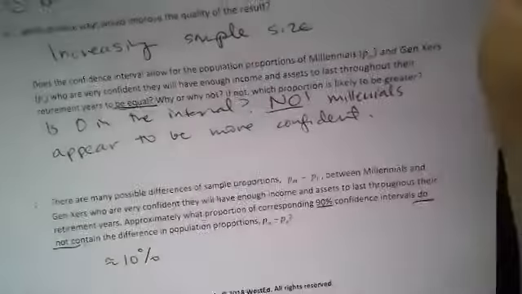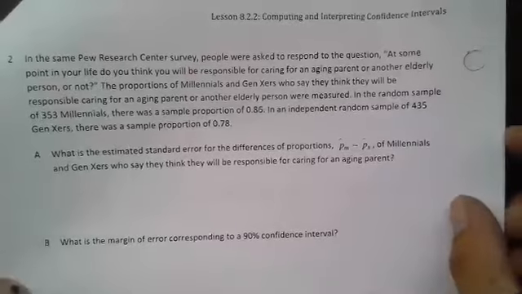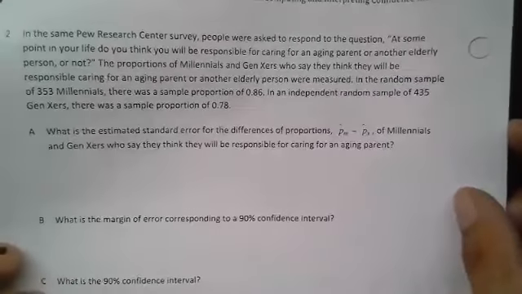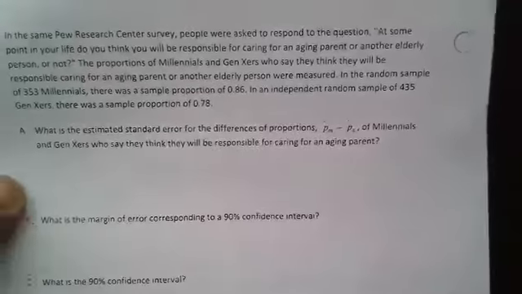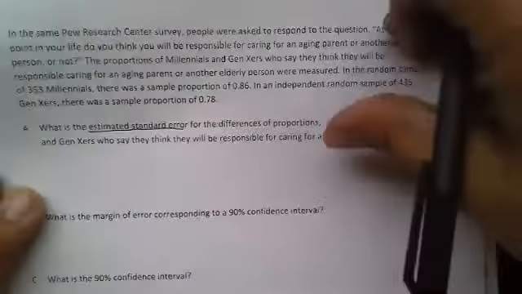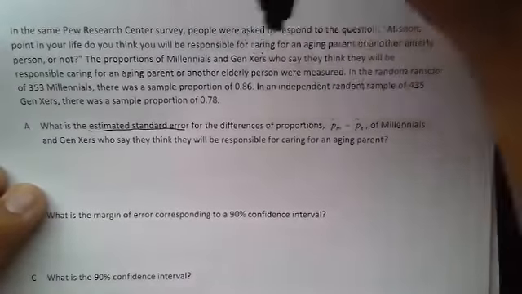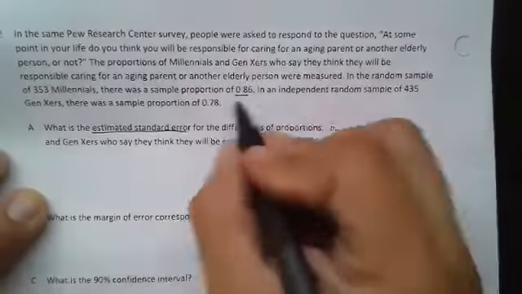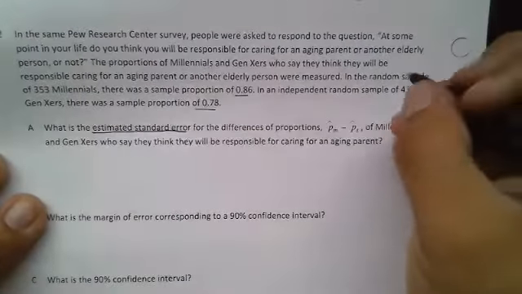So 1J, so 2A. What does it say here? What's the standard error, right? I'm trying to find the standard error of what? We have a sample proportion of 0.86, and then a sample proportion of Gen Xers of 0.78, right?